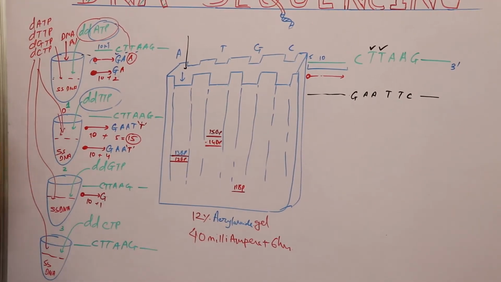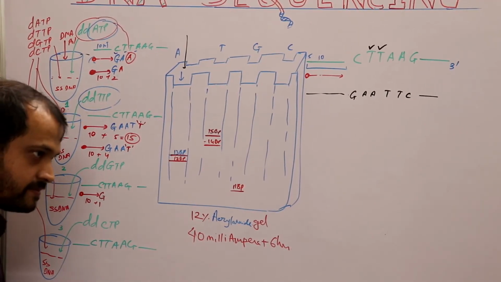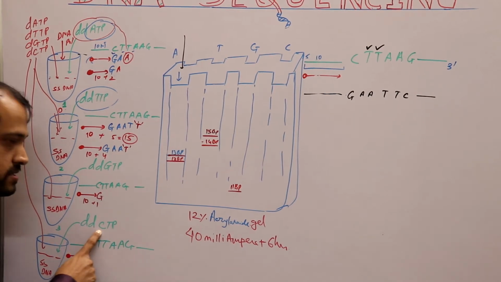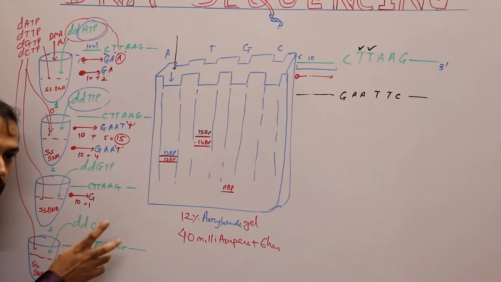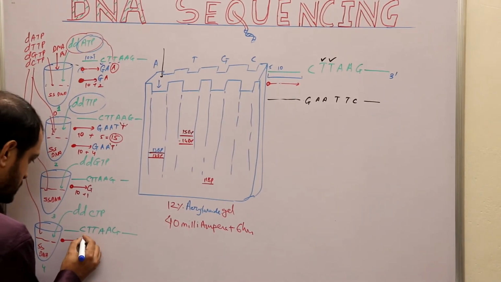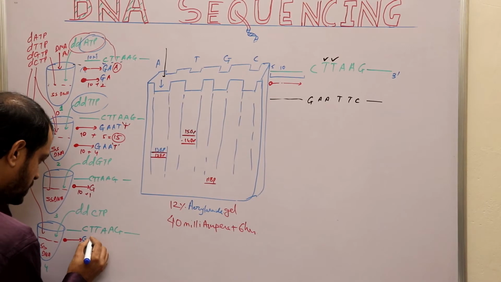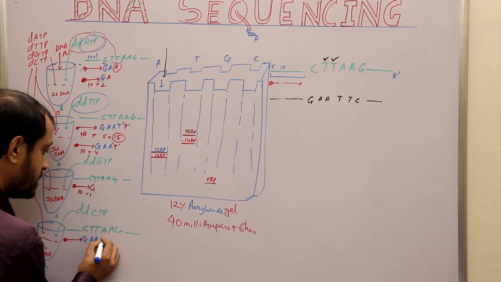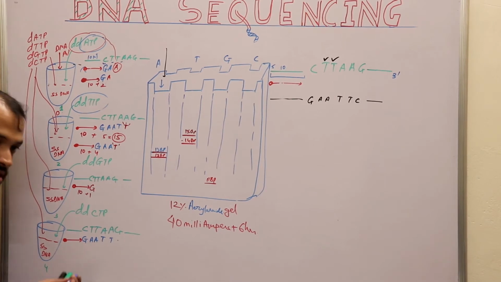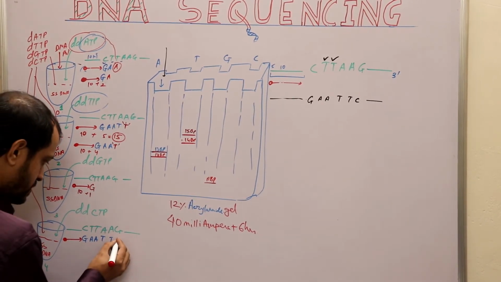CTTAAG. Now, what is this? C, that means opposite G is C, so G A T T C will be ddCTP, right?